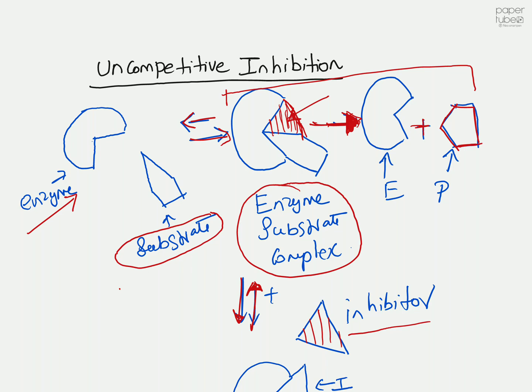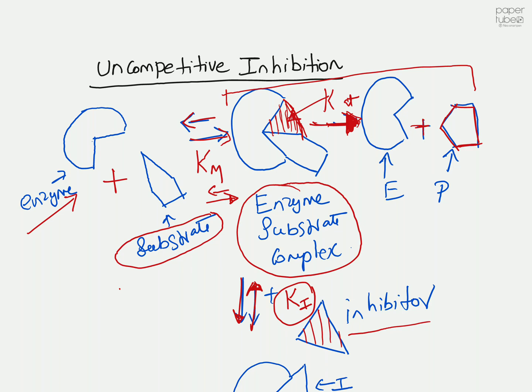Exactly like Michaelis-Menten kinetics, the rate of the reaction is dictated by the enzyme substrate complex. If you want, we can call this K-catalytic. The enzyme substrate complex together with inhibitor goes to the enzyme substrate inhibitor complex. Let's say we have an equilibrium constant which is equal to Ki, and here enzyme plus substrate gives the enzyme substrate complex, which is a completely reversible process associated with an equilibrium constant Km.